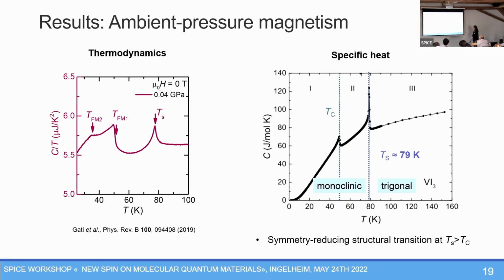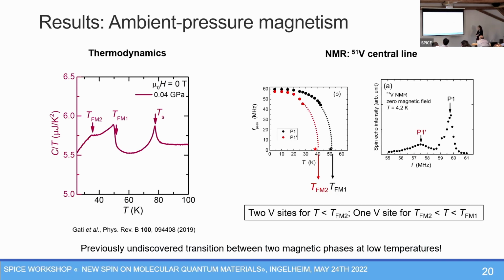At that point, we were questioning ourselves, and we decided to ask our colleague Yuji Furukawa in Ames to do some NMR measurements to figure out if this is indeed another magnetic transition in this compound. I'm just showing a few of his results. The main result is here on the right-hand side, which is the vanadium NMR central line at 4.2 Kelvin.